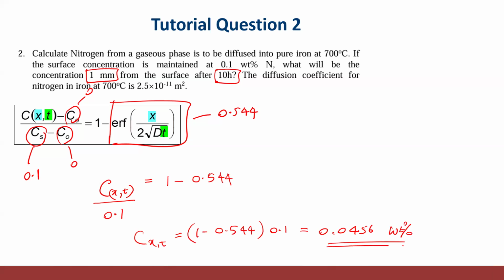Because they have given us the weight percentage, our answer also should be in weight percentage. So it's 0.0456 weight percent. Percentage by weight. Concentration, we can have different units depending on what we are talking about. Yes, it is given as a percentage by weight.